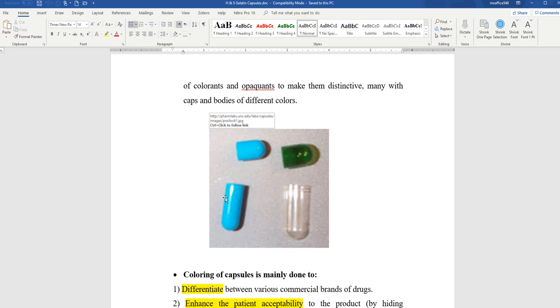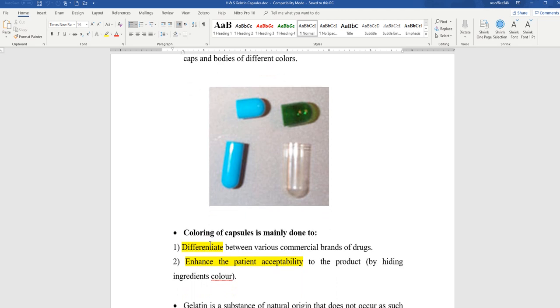We have color, but also we have opaquant agent, which is titanium dioxide, that prevents the light from passing through the shell. So normally capsule shells are colored, and in some cases the color of the cap is different from the color of the body, as you see in this figure. You have here green color while you have here transparent shell.